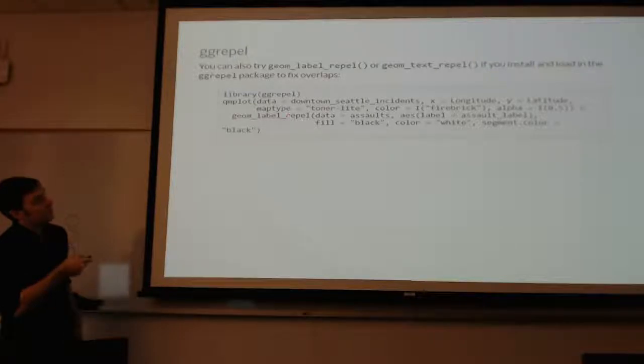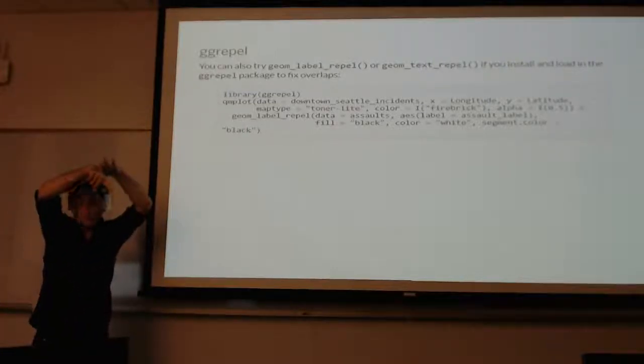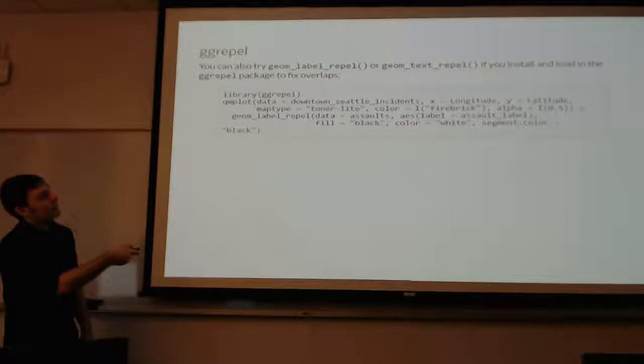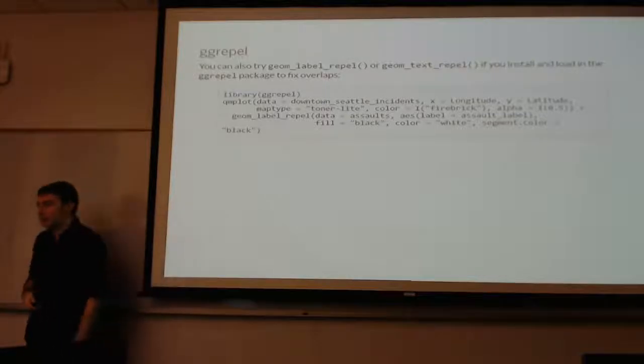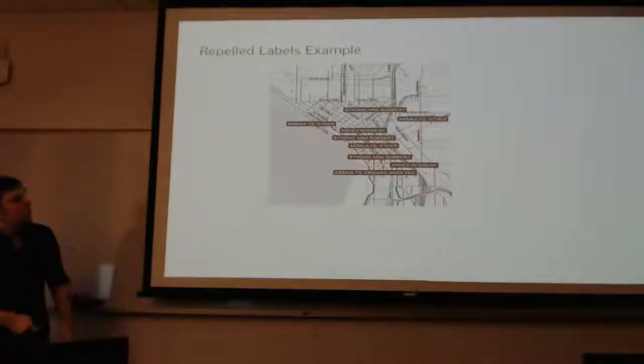Now we've used geom label repel. And then I've specified segment color equals black, specifying the little line that sticks between the point and the label is black. The label itself is filled black, the color is white. So I've changed my label colors, which we'll see here in the next one. It's otherwise the same. Makes it a little bit more readable.